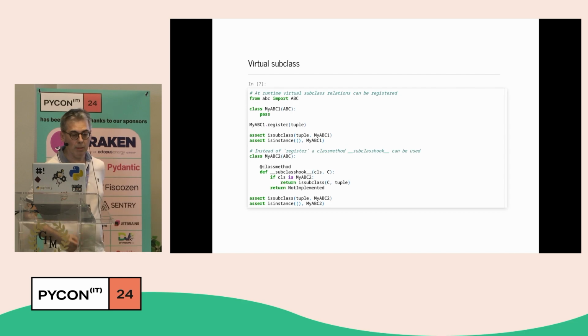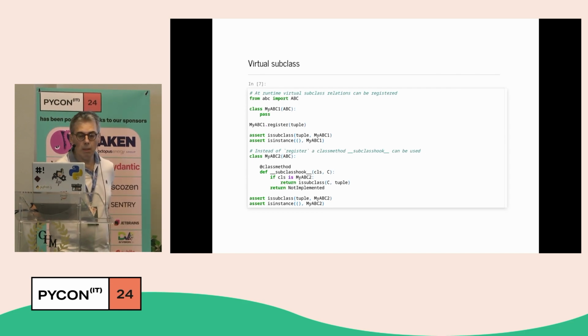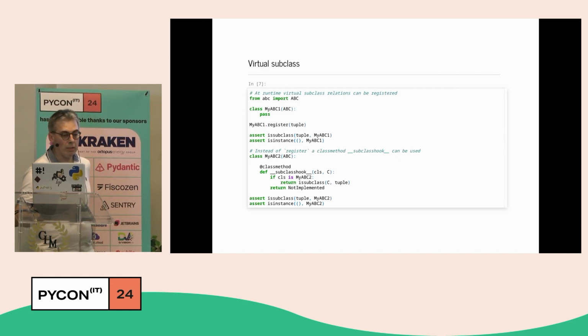An important characteristic of ABC metaclasses is virtual subclasses. So you can override the standard class hierarchy, using a subclass hook, that is a dunder method that you can define in your metaclass. Another way is to register.